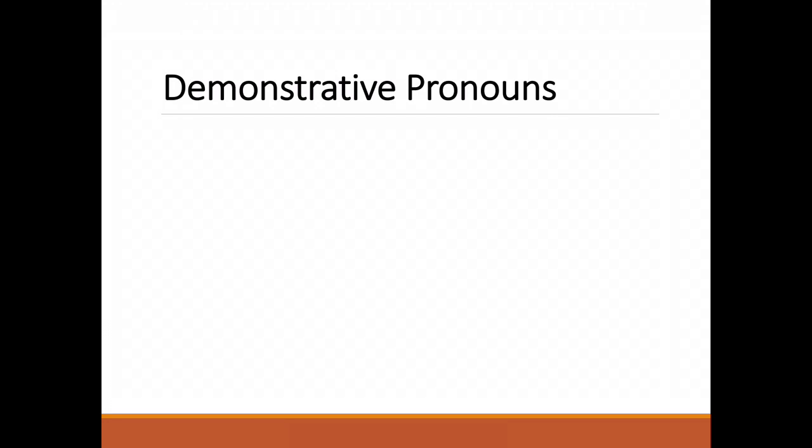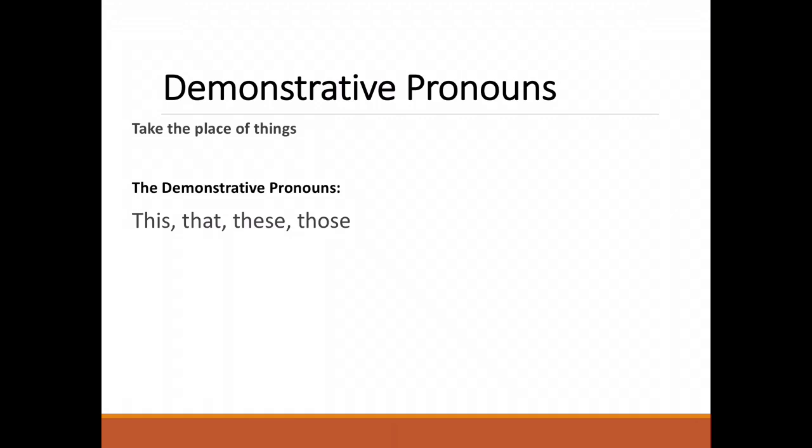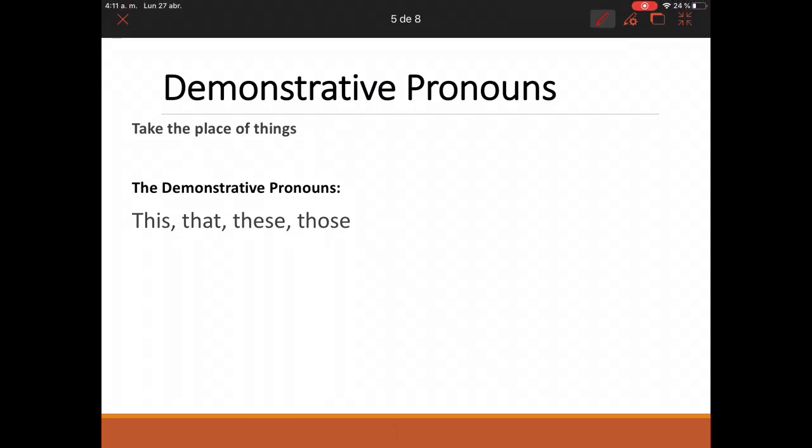Demonstrative pronouns. They take the place of things. So the demonstrative pronouns are these four. There is something that you must know. This and that are used in singular. These and those are used in plural.